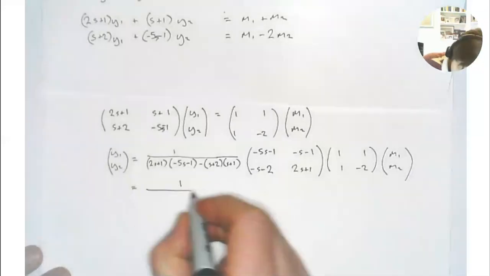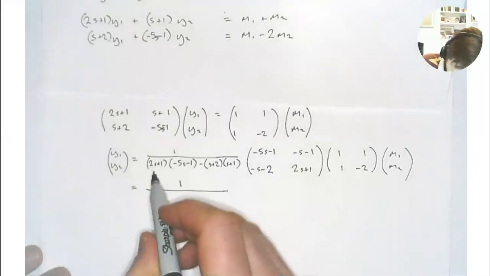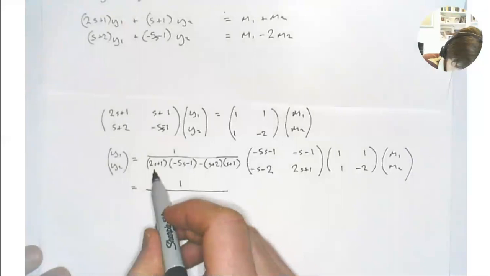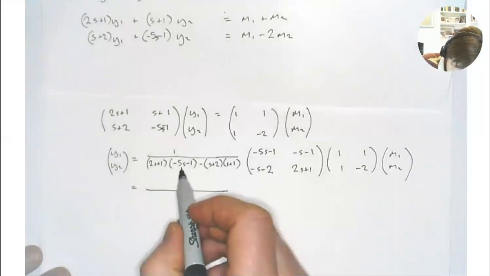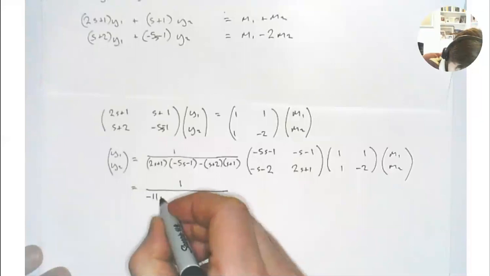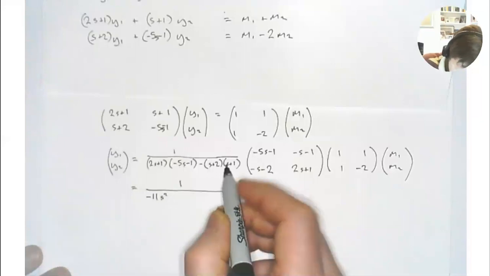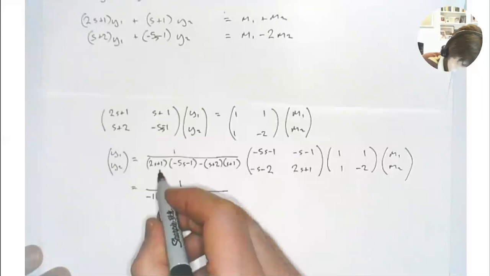So first of all, doing the factor, we need to group up this to get our polynomial. So we have minus 10s squared minus 1s squared, so it's minus 11s squared.